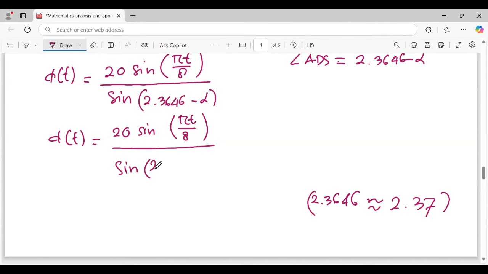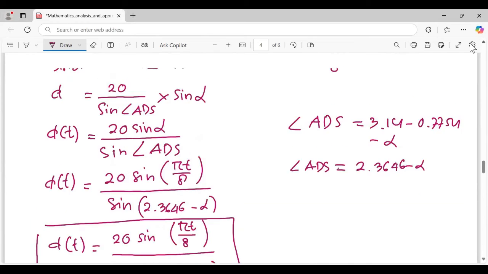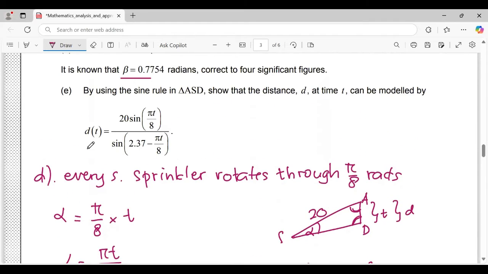So this is 2.37 minus alpha. Okay, so same with this model.